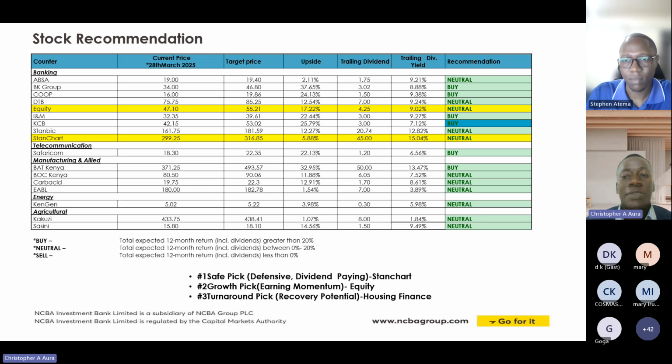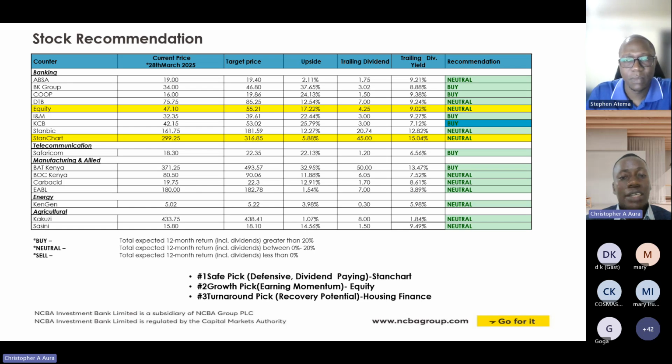Because banks were getting high returns from government securities, they preferred to give money to the government. Two, because of the high lending rates in the market, most investors could not afford loans at such high interest rates, and that's why we witnessed them shying away.